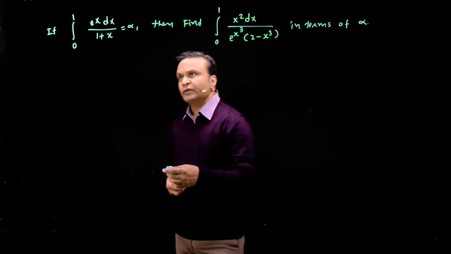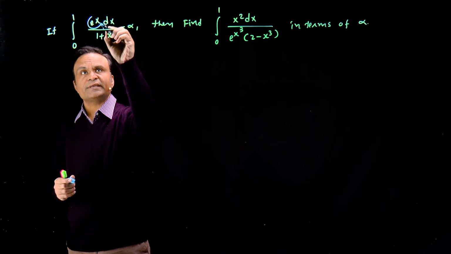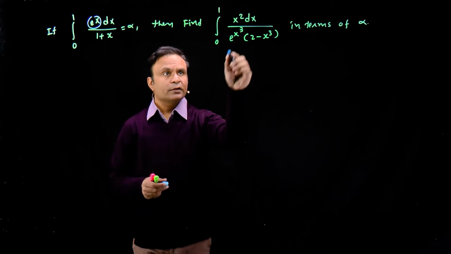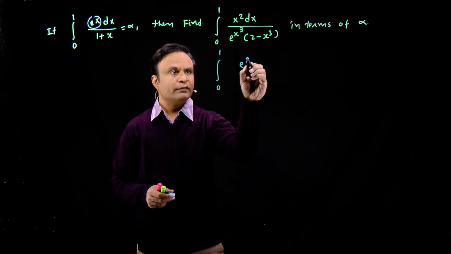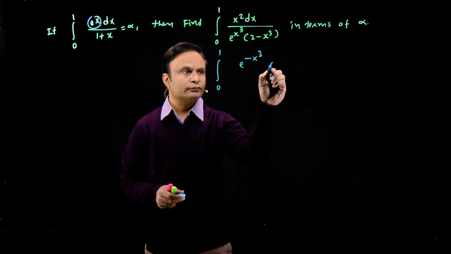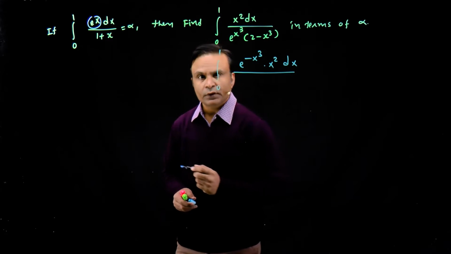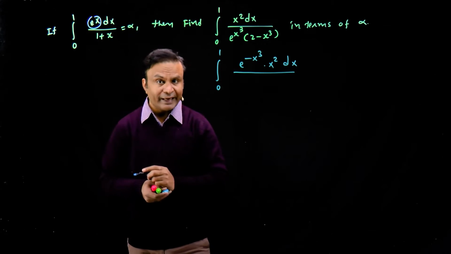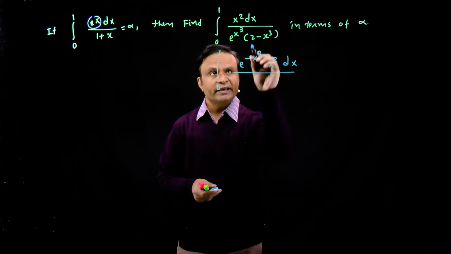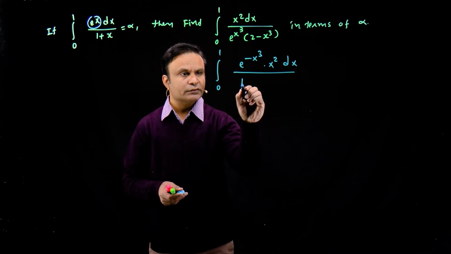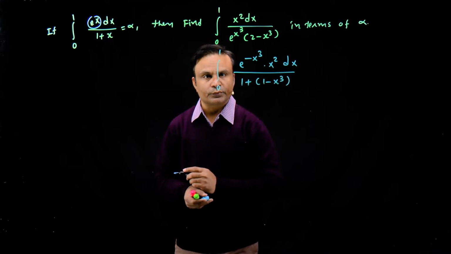Okay, so first of all we will compare the functions. Here we have exponential in the numerator, so we can write this like this: e power minus x cube multiplied by x square dx upon, also here we have 1 plus x. Now here we have 2 minus x cube. So we can write this denominator as 1 plus 1 minus x cube.